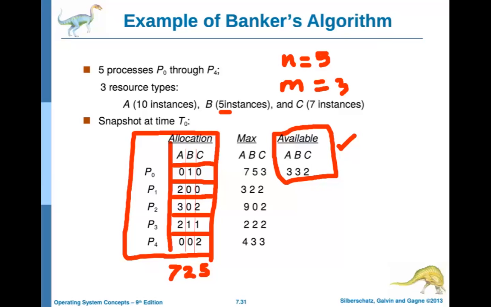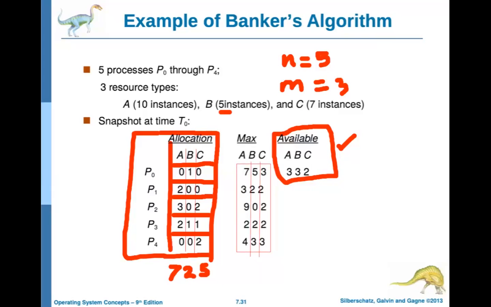Okay. And then if you see here the Max, this Max is also an n by m matrix, where each row denotes the process and each column denotes the resources.